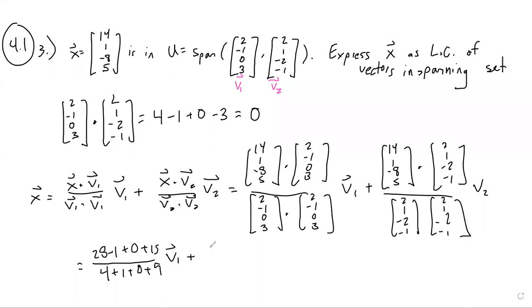And the other one, so I will have 28 plus 1 plus 16 minus 5 over 4 plus 1 plus 4 plus 1 v2, and just do these calculations.